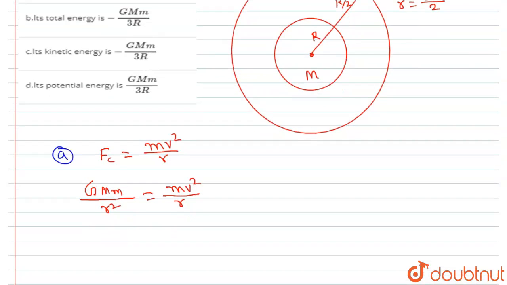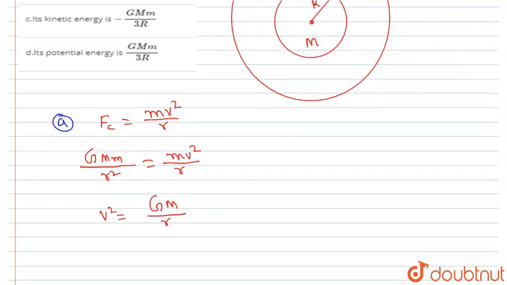Now from here we have to find the v value. The small m cancels out, and one r cancels out. So v² is equal to GM/r, and r is equal to 3r/2.